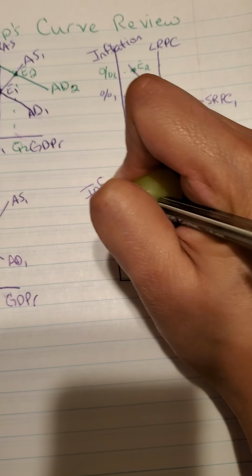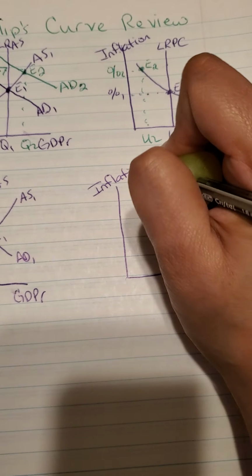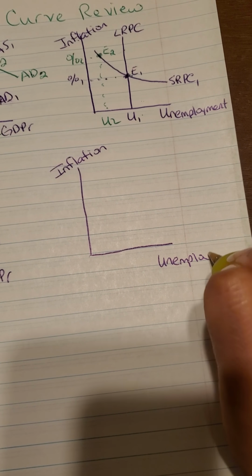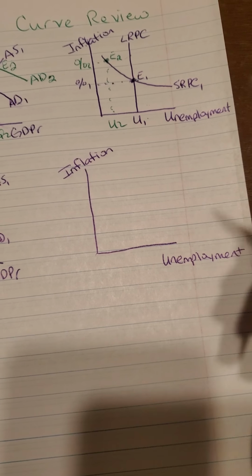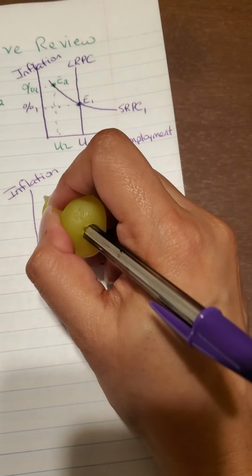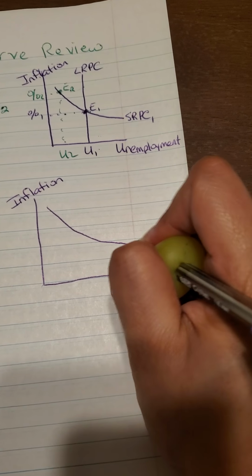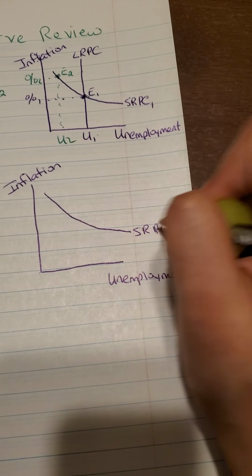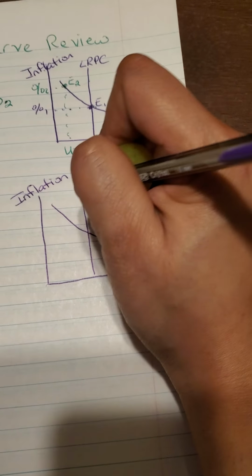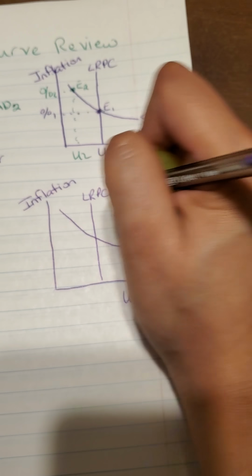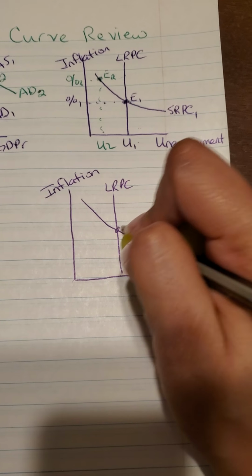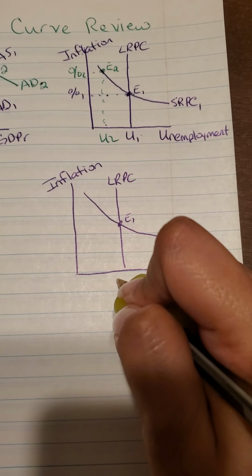Inflation goes on the y-axis, unemployment on the x-axis. We have our short-run Phillips curve downward sloping, and our long-run Phillips curve is a vertical line. Again, label your points.